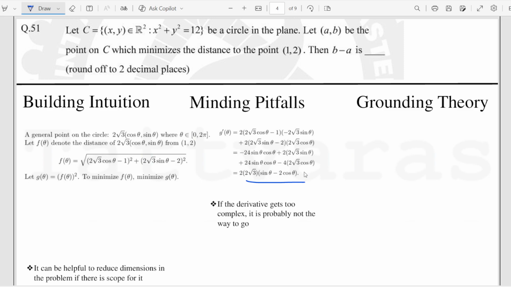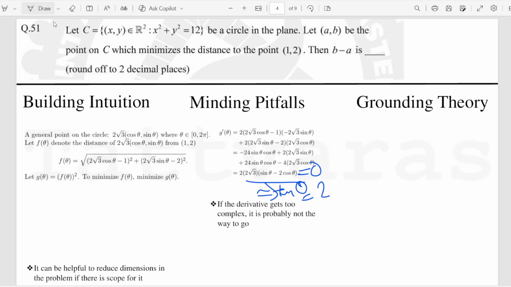But if this is equal to 0, then it would be something like tan theta equals 2, and that's not a very standard value. So it gets difficult. So when you see that the derivative is getting complex or the computation in general is getting complex, maybe the direction is not right.